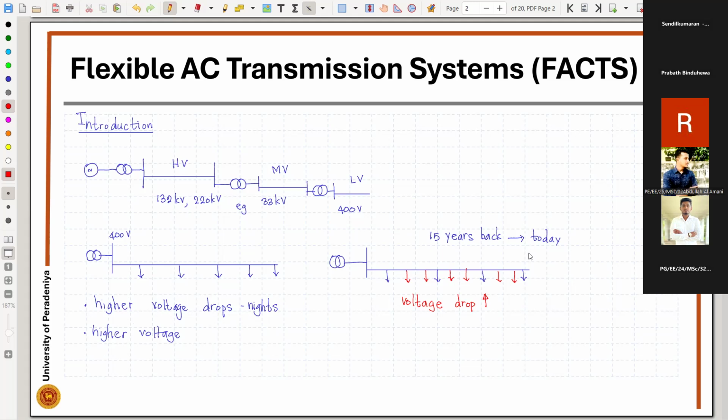As the years go by, we see an increase in the customer base. As a result, we are going to experience voltage issues in the network. Now, ideally, what should be the allowed voltage limits in a distribution network?